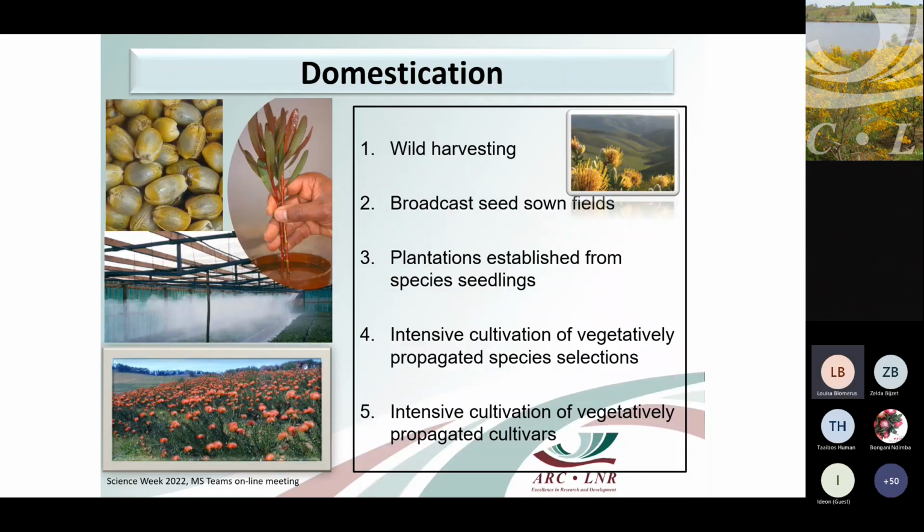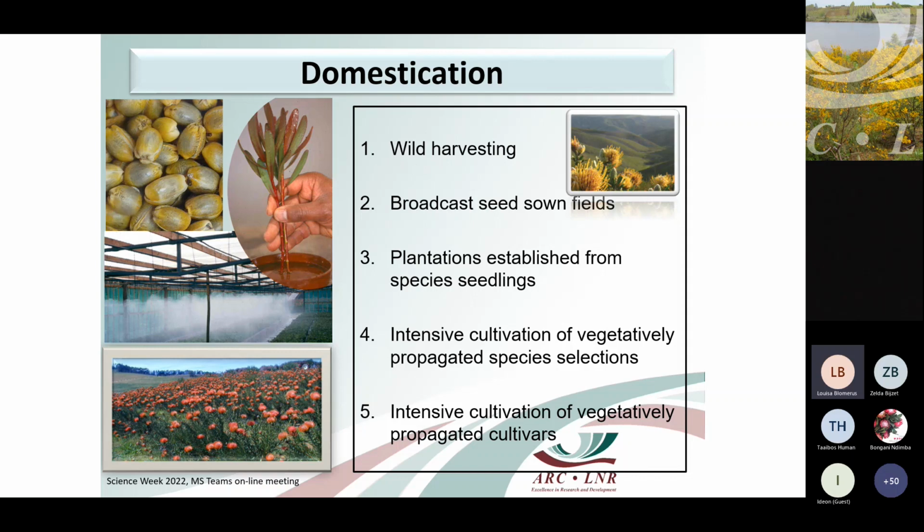And Zelda referred to domestication. Most of you will still think about proteas, make it Leucadendron, Leucospermum, even Gladiolus and Freesias. They all grew wild in South Africa, and that's where their journey started.